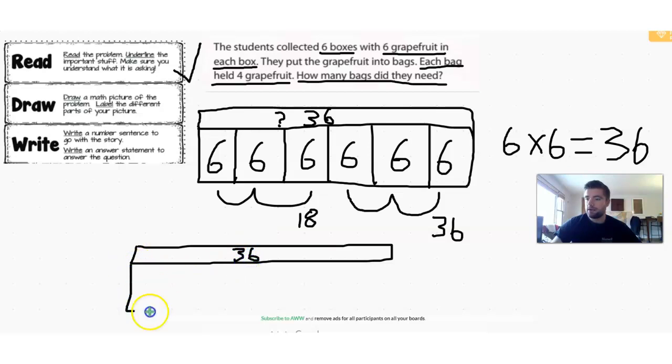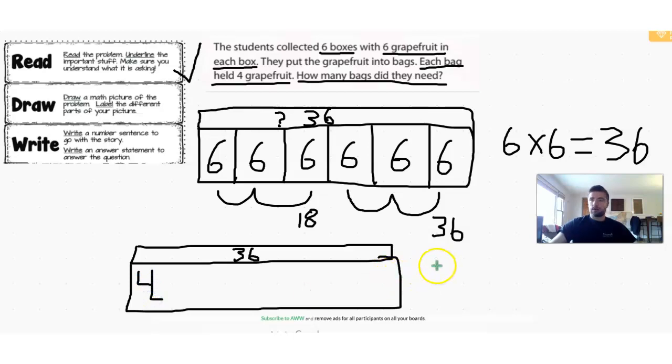And now we need to figure out how many bags are going to be here represented by our tape diagram. And we can basically just keep adding 4s until we reach 36. So really this is a division problem. 36 divided by 4 grapefruits in each bag equals what?